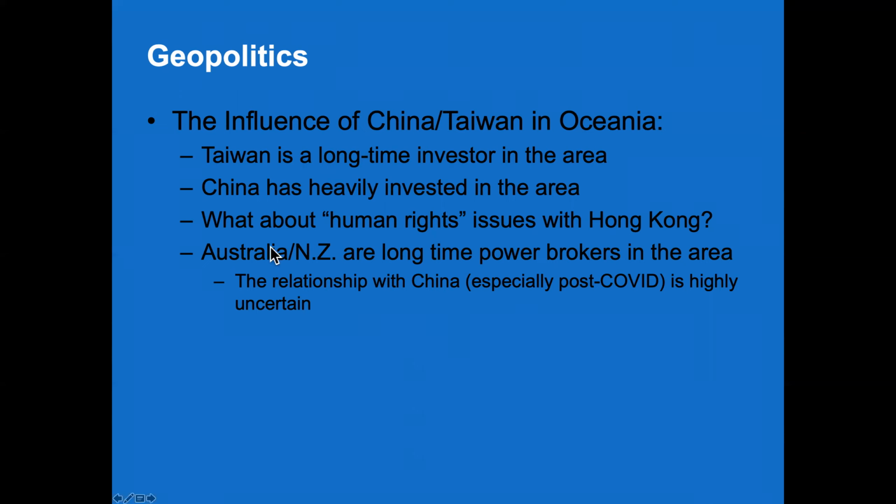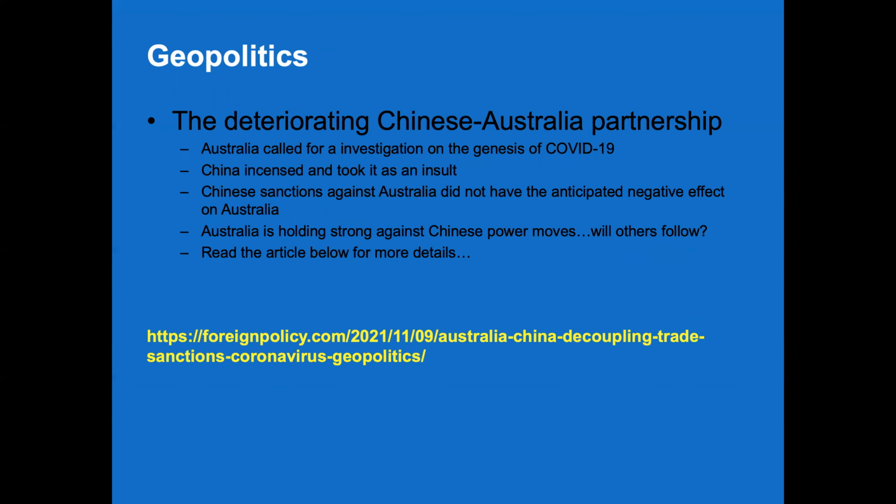So the whole idea of Australia and New Zealand being longtime power brokers in the area, this relationship with China, especially post-COVID, is highly uncertain, still very volatile. So this deteriorating policy, and again, here's a link that will be posted on your class page, is frankly very, very touchy.